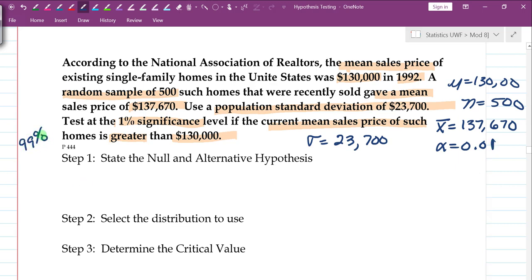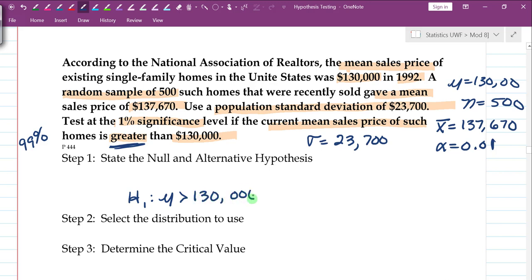My confidence coefficient is in direct relationship with our alpha. Use this level to test if the current mean sales price of such homes is greater. That tells me that it is a one-tailed test. So it says state the null and the alternative hypothesis. As I said before, I like to start with my alternative first because it says test if mu is greater than $130,000.